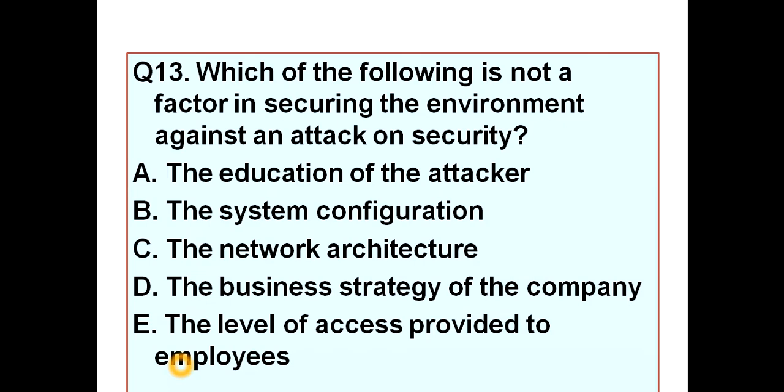That is A, B, C, E: all these are important factors for securing the environment against an attack. But D is in no way related to securing the system's environment to protect it from malware. So option D is the correct answer.